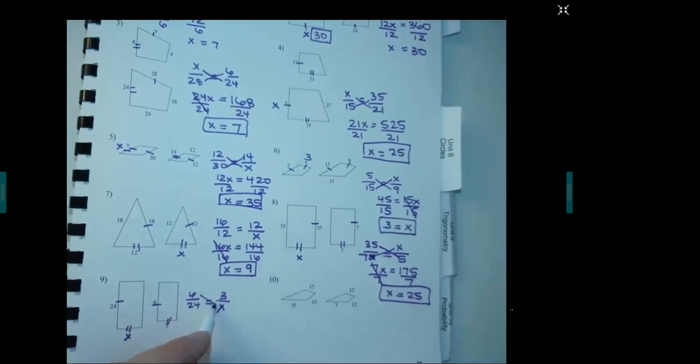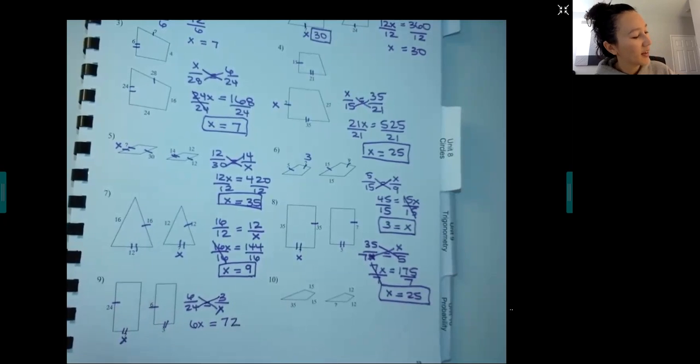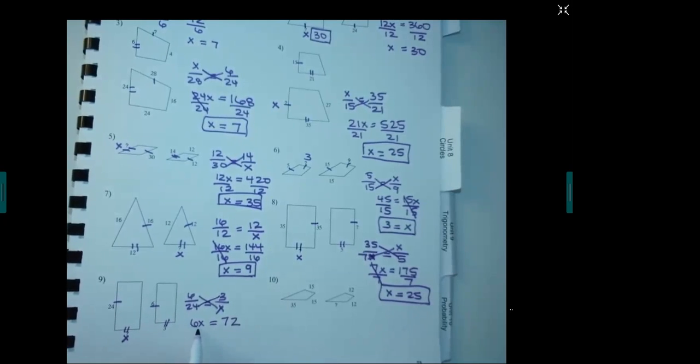Then I multiplied, and 6x equals 72. Very good. Then I divided, and x equals 12. Excellent. Thank you, Jade.